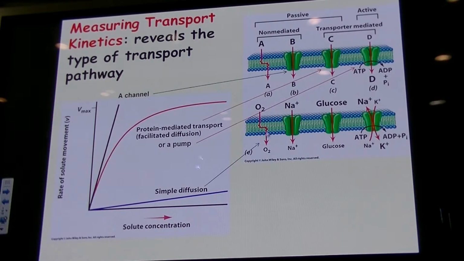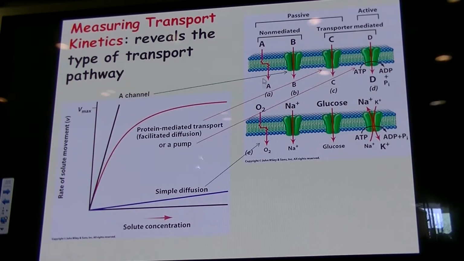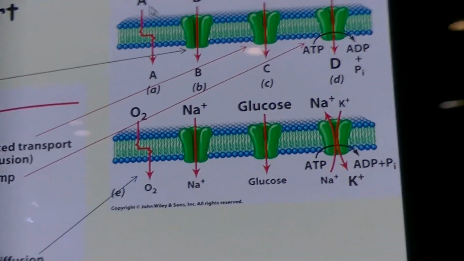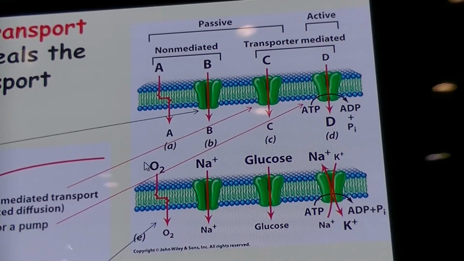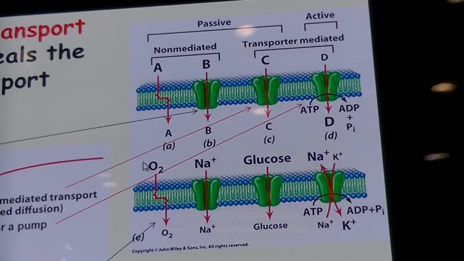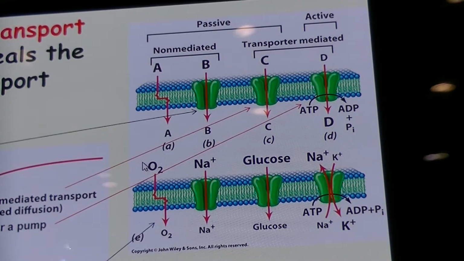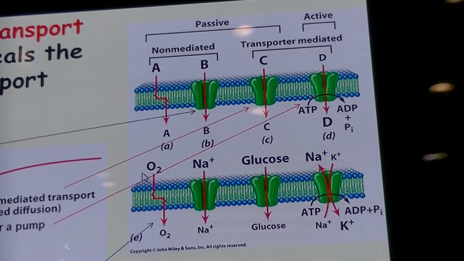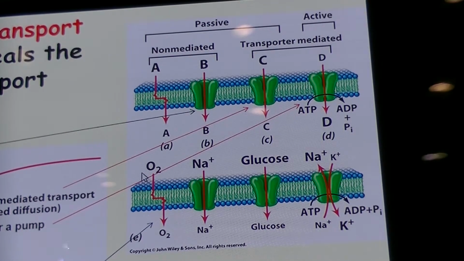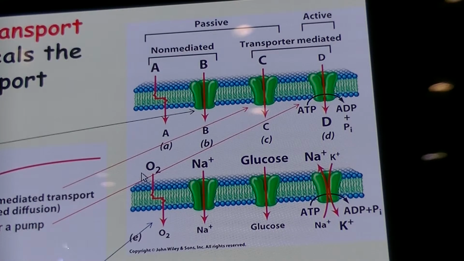We call that this first pathway, passive diffusion, or simple diffusion, where the molecule moves from a higher to a lower concentration, such as oxygen moving into the blood cells in the lungs. And later, in the peripheral tissues, oxygen moving out of the blood cells into the tissue.